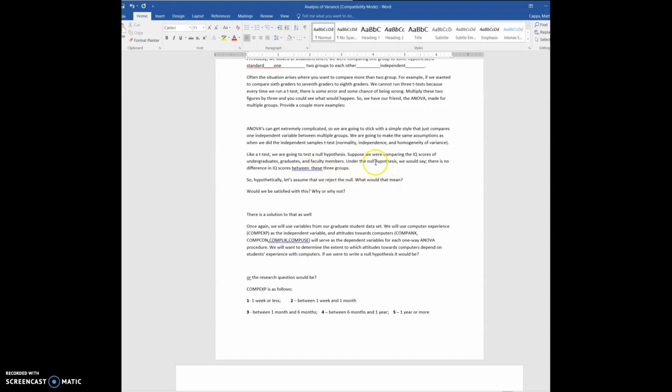So suppose we're comparing the IQ scores of undergraduates, graduates, and faculty members. Under the null hypothesis, we would say there is no difference in IQ scores between these three groups. So hypothetically, let's assume we reject the null. That would mean there is a difference between those three groups.